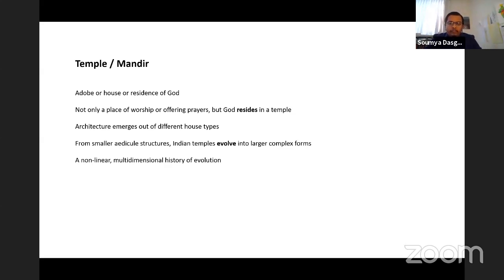So briefly again, we must remember that the idea of a temple is the residence of God, and God in most of the Hindu culture is almost like a human being, which means that that person has a face, it has a human-like form, it needs a residence to reside in, it has relationships with other gods and goddesses, and there are movements and there are cultural practices around those movements.